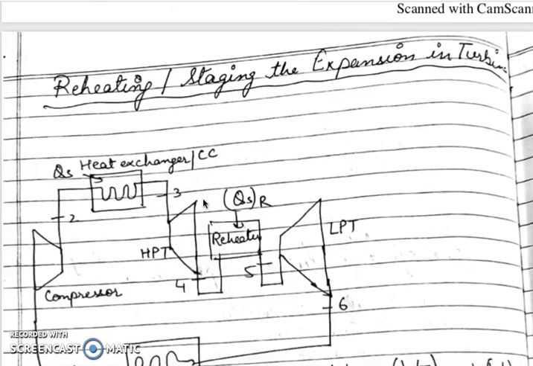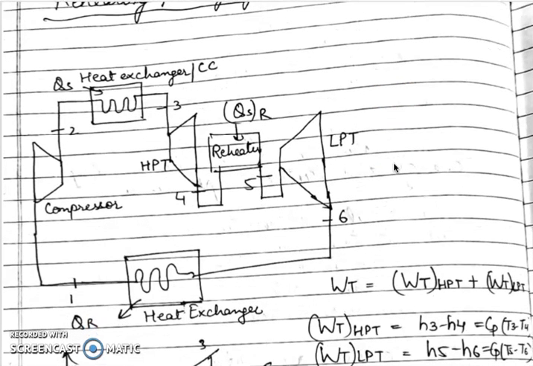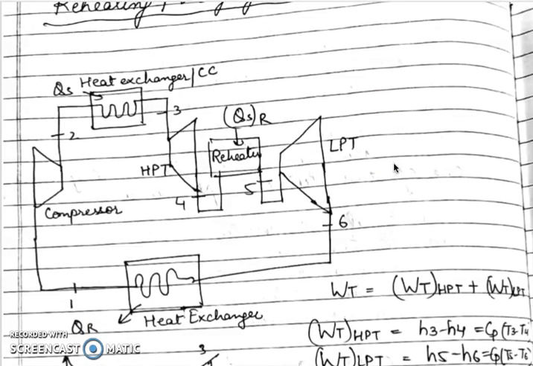Now we are moving on to the next type of improvement, which is reheating. Reheating can be described as the multi-staging of the turbine or the expansion process.